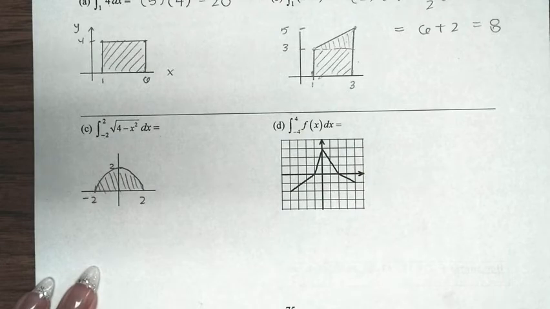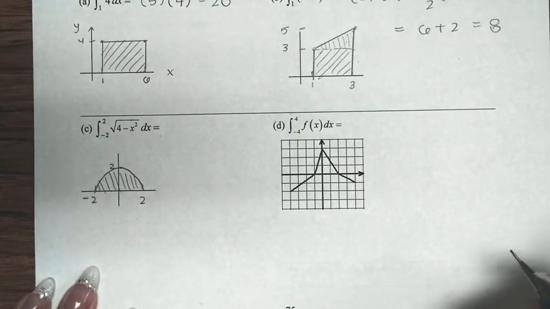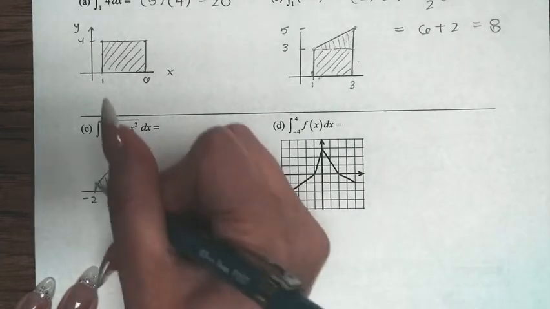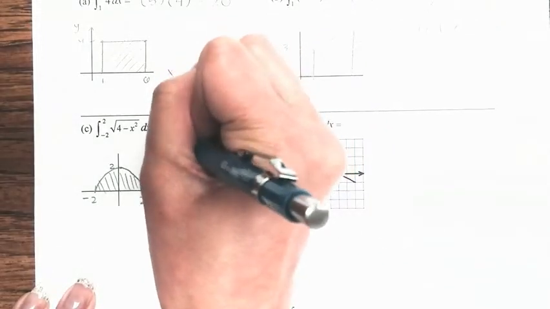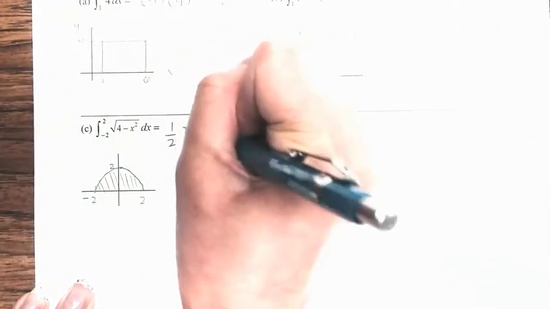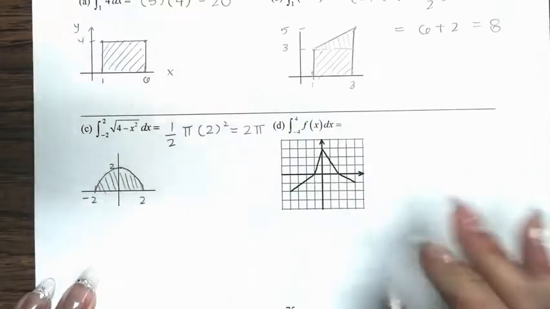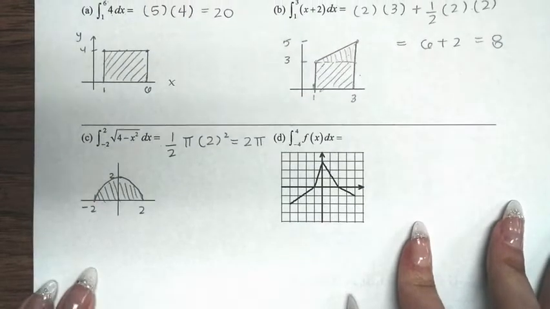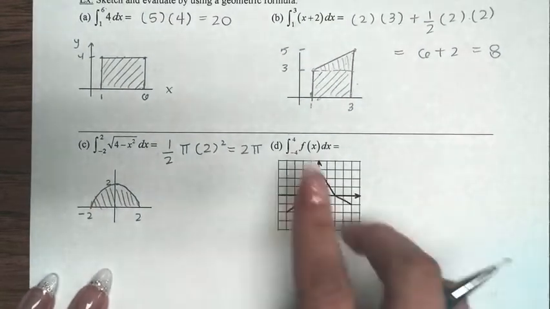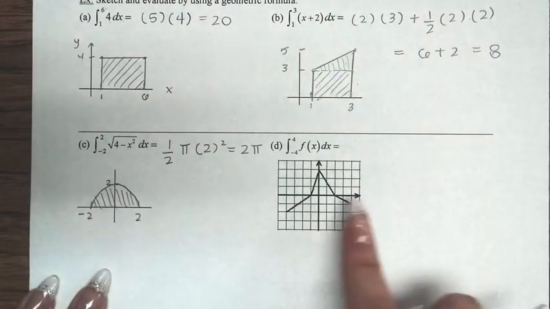How can we find that? The area of a circle is pi r squared, but here we only want half, so it's half pi times 2 squared, which is equal to 2 pi.